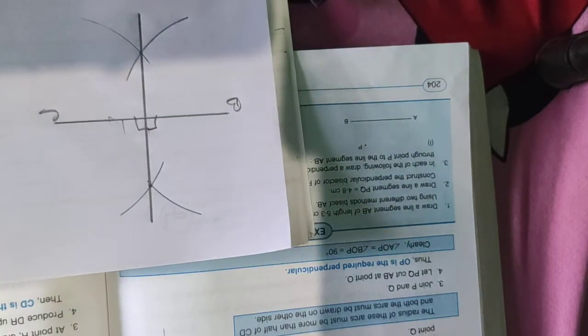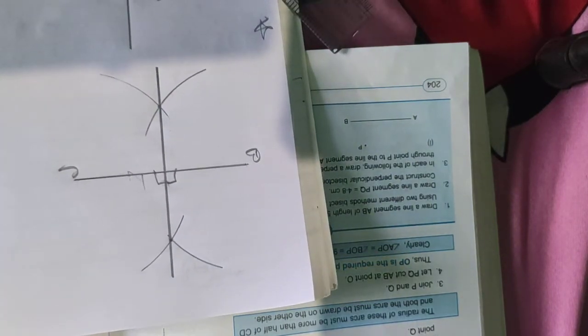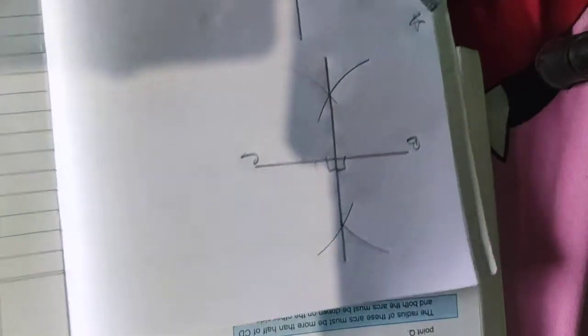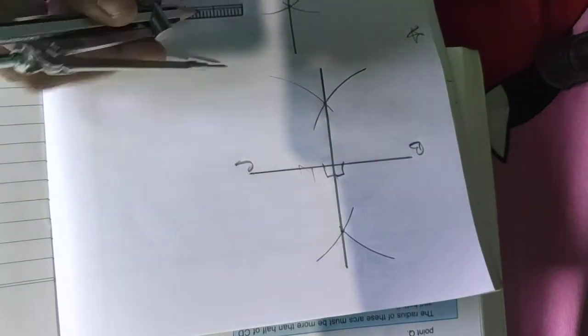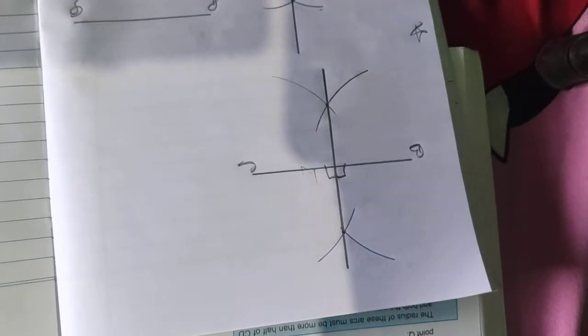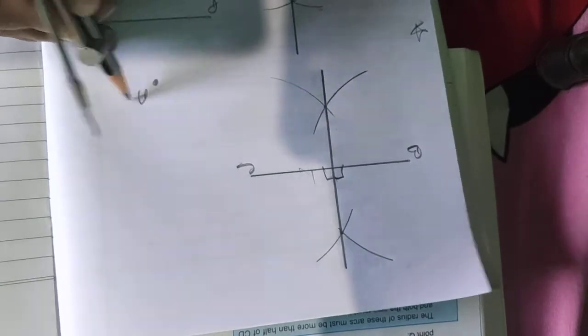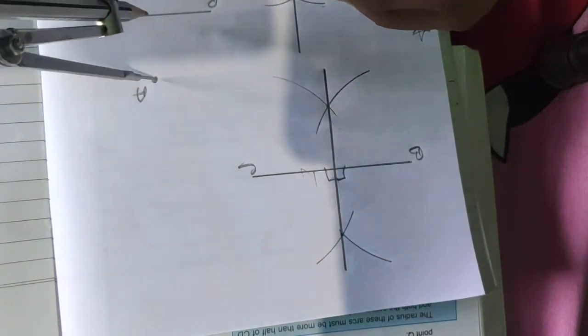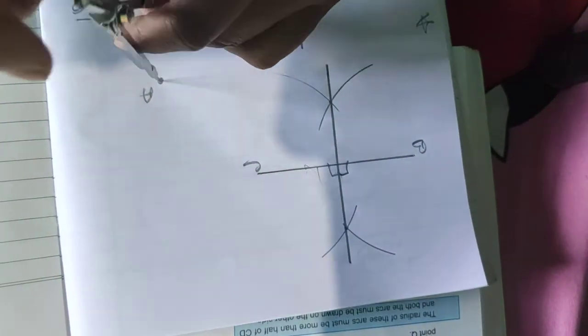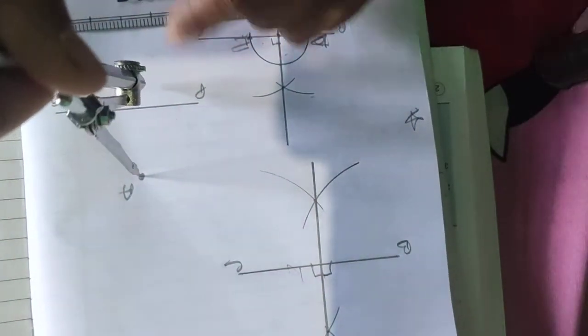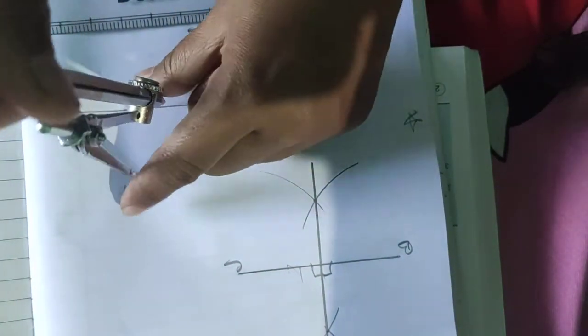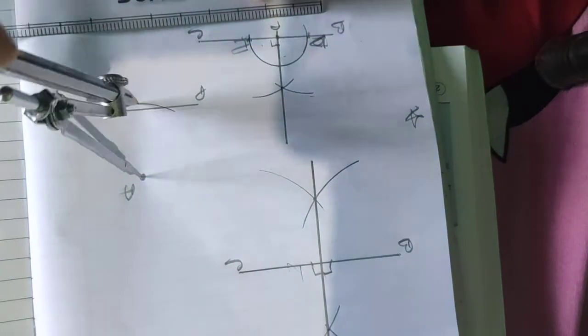One more perpendicular line you have to draw is from an external point. Suppose an external point is given. Take a line segment of suitable length, suppose PQ I have taken. Any outside external point, I have taken here, point A. Now take A as a center and with a suitable radius draw an arc like this.